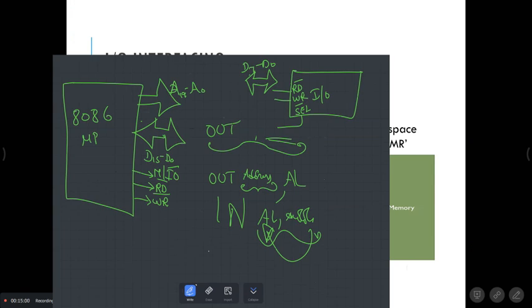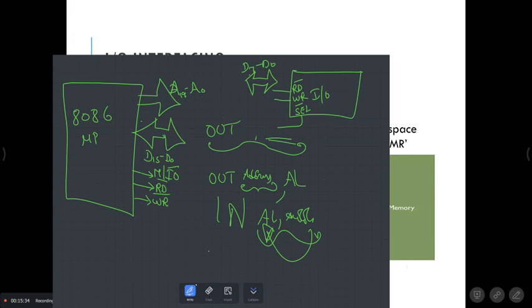I'll repeat once again how your microprocessor writes or reads data into the IO or from the IO. First, it will identify the IO device through an address. It will generate an address. Once it identifies it, it knows which address that is.